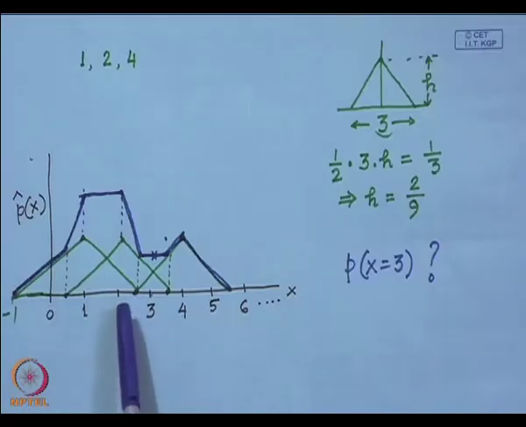What will happen if I have multiple samples at a particular location? As before, if I have two samples at location x equal to 2, the height of that pulse will be equal to 2. If I have a single sample at a particular location, the pulse will be a unit pulse.